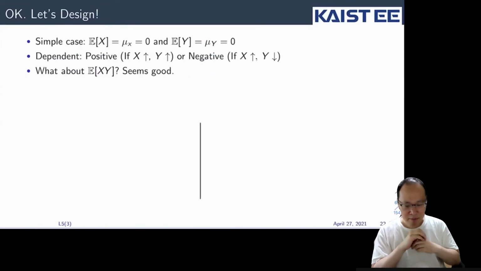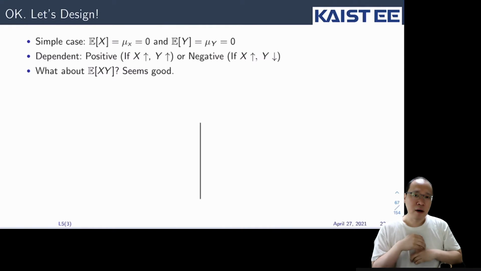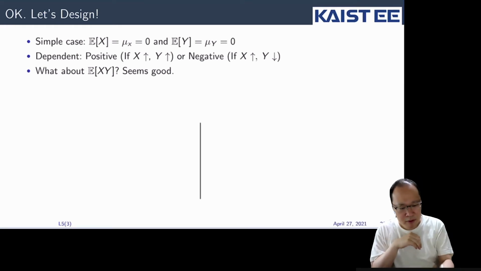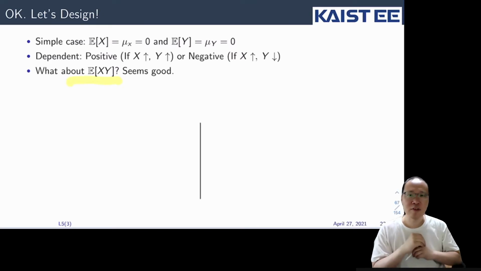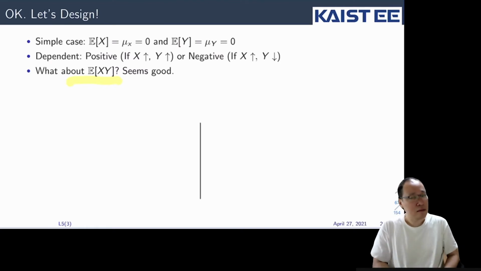So that's dependence. If you are given this homework, then what are you going to use to quantify this dependence? Somebody can propose, okay, what about the expectation of x multiplied by y? If you think about this expectation of xy for a moment, it seems not bad.